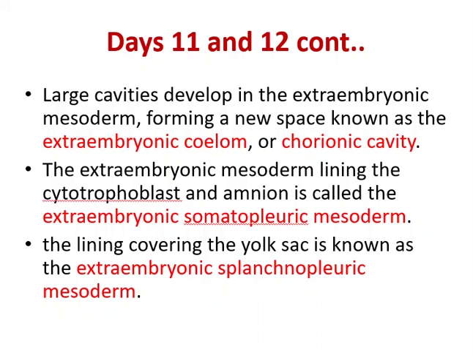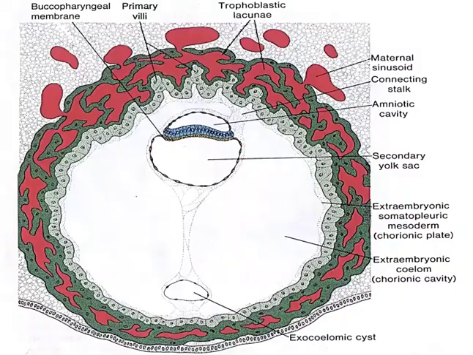The extraembryonic mesoderm lining the cytotrophoblast and amnion is called extraembryonic somatopleuric mesoderm. The covering of the yolk sac is now known as extraembryonic splanchnopleuric mesoderm, which was formerly called Heuser's membrane. You have to pay attention here, and this leads to the development of other organs and structures in the future.